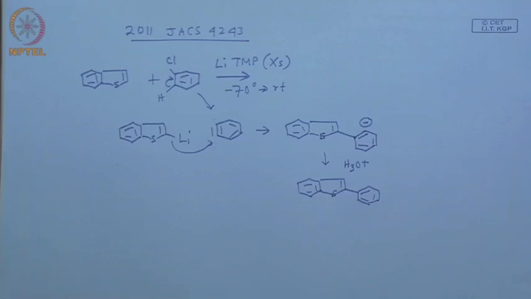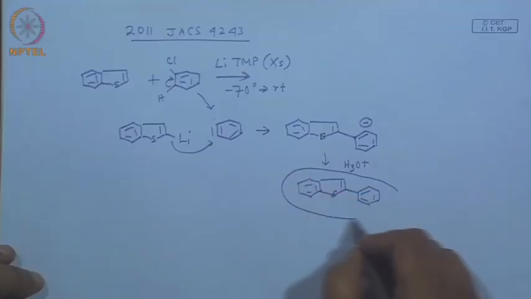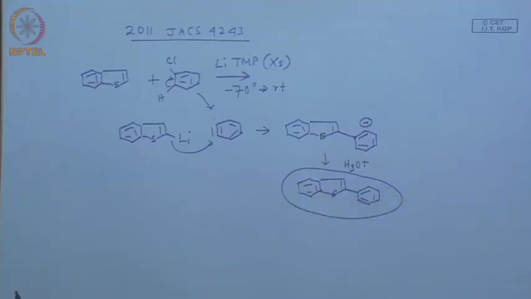Now, you have to justify why this particular paper has been accepted in JACS, not our paper. This means, what is the special feature of this reaction? If you look at this target molecule here, what is it?